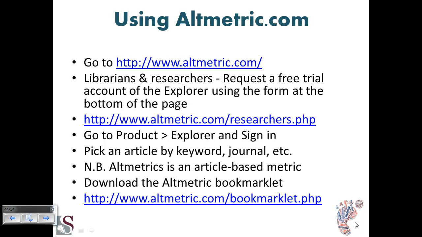Altmetric watches social media sites mostly, like Twitter, Facebook, Pinterest, Google+, science blogs, and many mainstream media outlets, including the New York Times, The Guardian, and non-English language publications like Die Zeit, a German publication, and Le Monde, the French one. So it will also import articles and mentions from there.